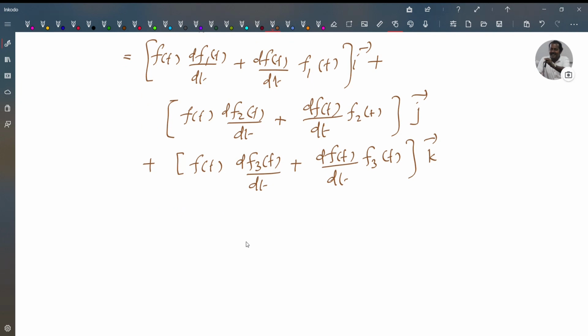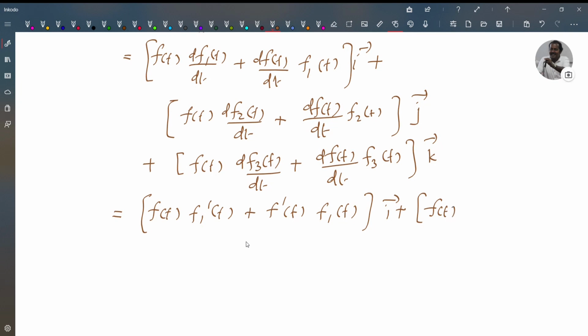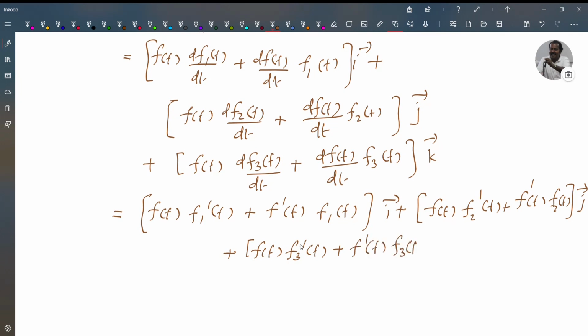So that is equal to f of t into f1 prime of t plus f prime of t into f1 of t i plus f of t into f2 prime of t plus f prime of t into f2 of t j plus f of t into f3 prime of t plus f prime of t into f3 of t k.